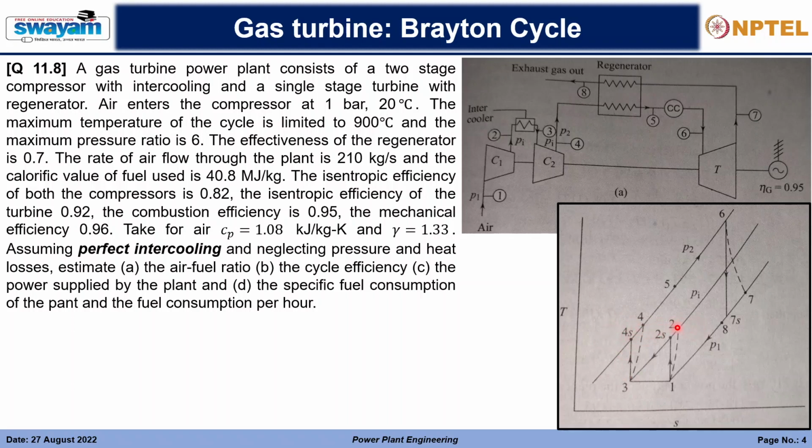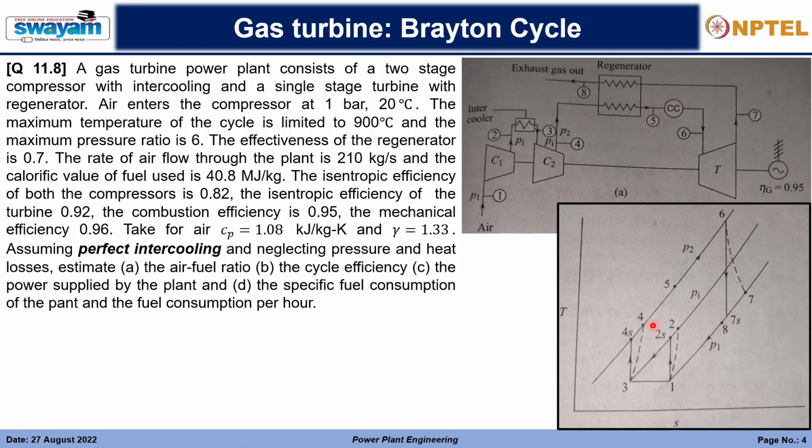In fact for perfect intercooling, these temperatures, the 2s and 4s and 4 and 2, will be exactly equal.